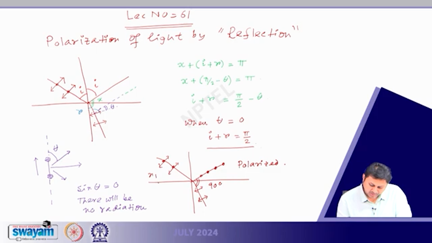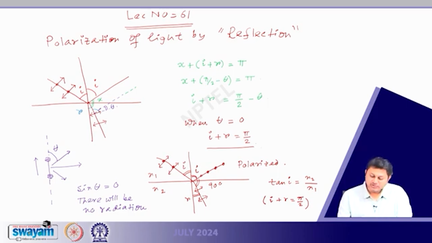Now, if this is N1 and N2, we calculated that the incident angle should be such that tan of I equals N2 over N1, in order to have I plus R equal to pi by 2. This is R and this is I. That condition we achieve only to make theta equal to 0 such that no radiation is there. We discussed that in the earlier class.